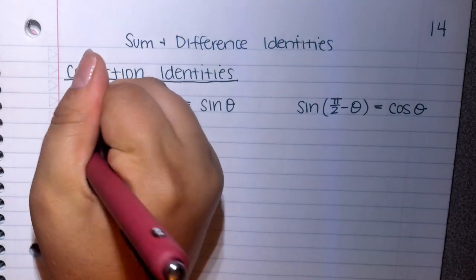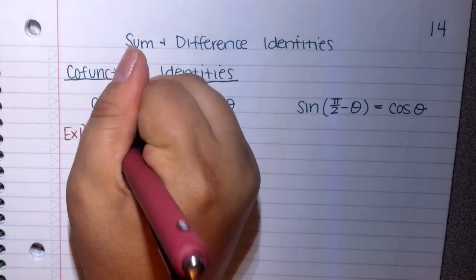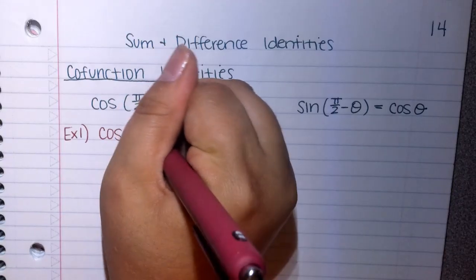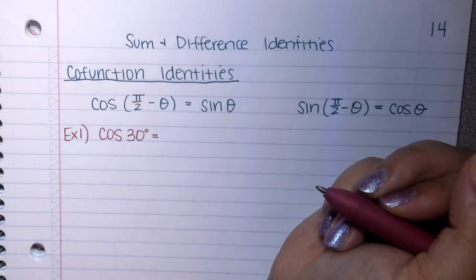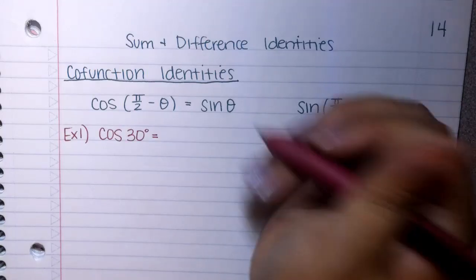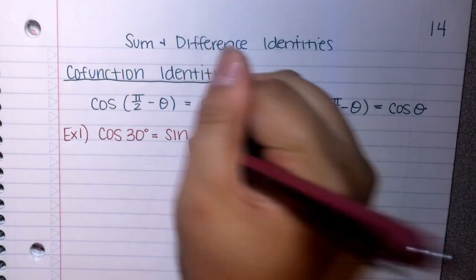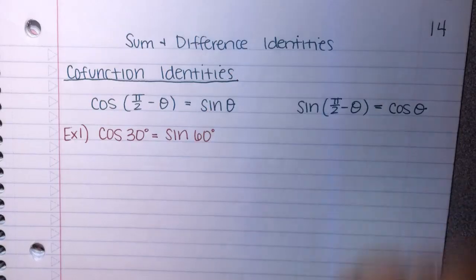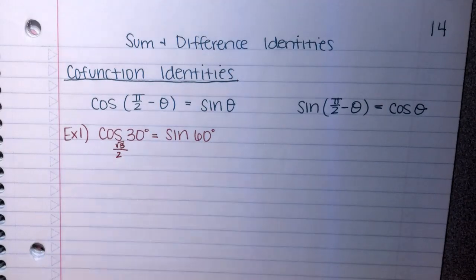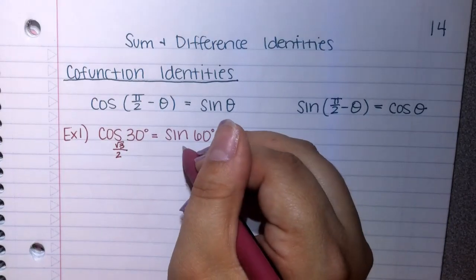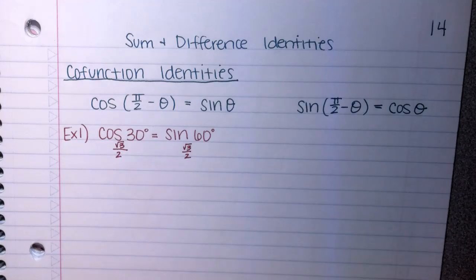What is the cosine of 30 degrees equivalent to? The sine of 60 degrees. The cosine of 30 degrees is square root of 3 over 2. What is the sine of 60 degrees? Square root of 3 over 2. Wow. Does that make sense?